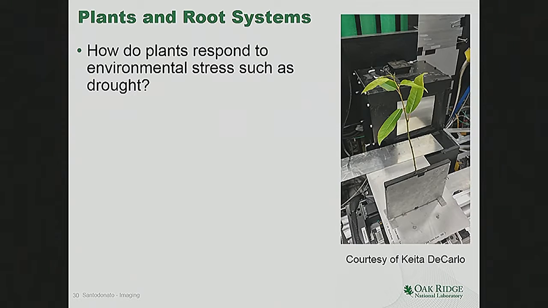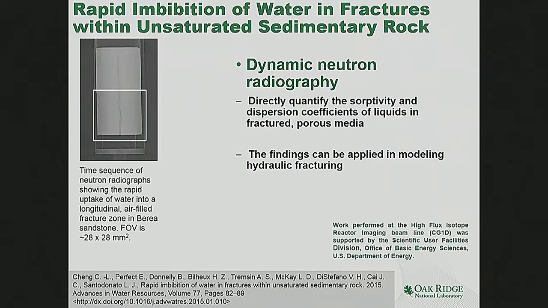And this shows the plant when it's nice and looking good and it's been watered. But what he's really interested in is what happens as I stress that out and I don't water it. He's looking at how root systems adapt to drought conditions, and the ultimate goal is how do we have drought resistant crops and that sort of thing.